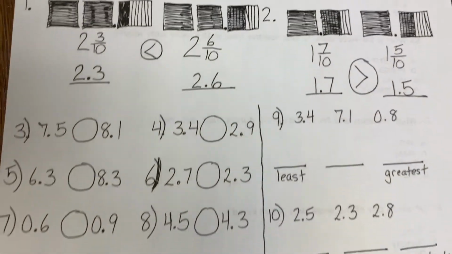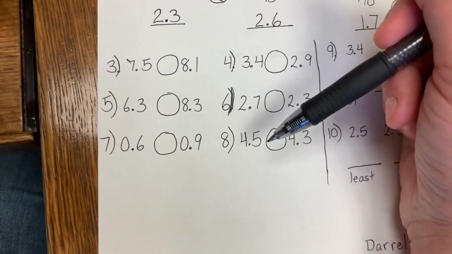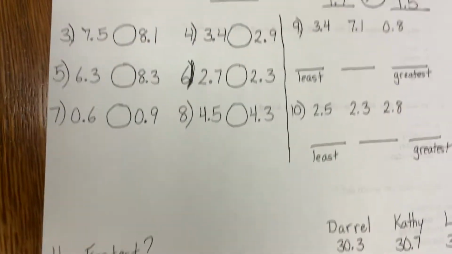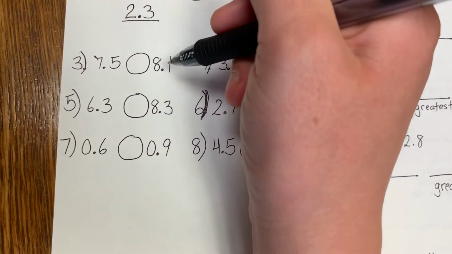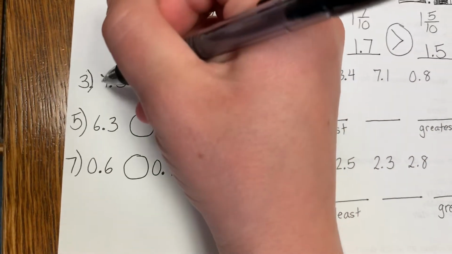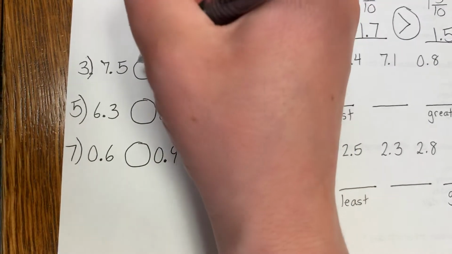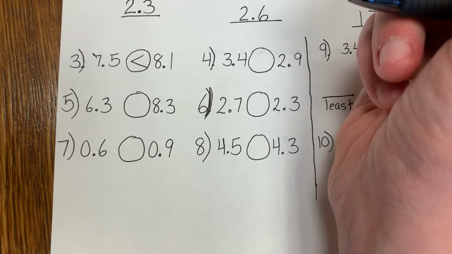Okay, if we move down to number 3 through 8, it says write greater than, less than, or equal to compare. So we have 7.5 compared to 8.1. We just have to look at the whole numbers here, and we know that 8 is greater than 7. So it'd be 7.5 is less than 8.1.